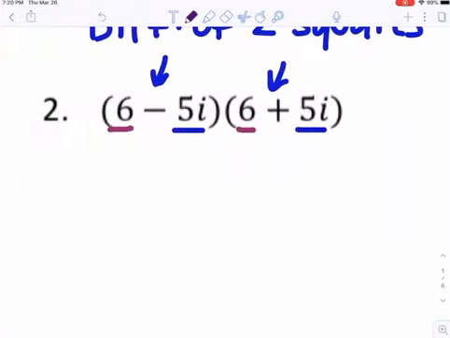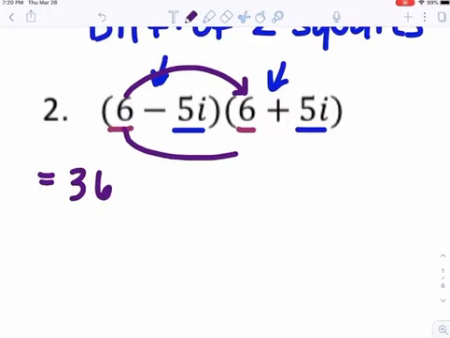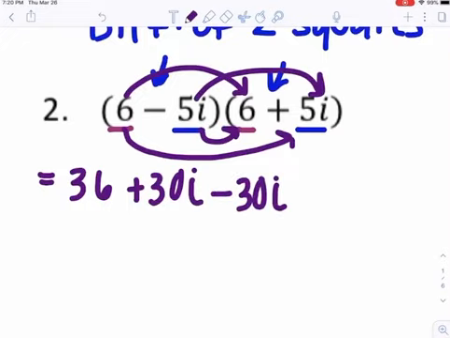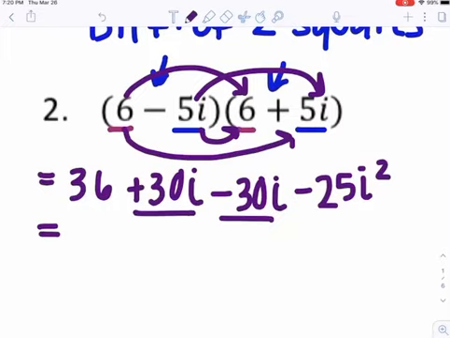So I'm going to do 6 times 6. That's 36, right? So I'm still foiling. 6 times 5i. That's 30i. I'm going to do negative 5i times 6. That's negative 30i. And then negative 5i times 5i, that is negative 25i squared. Okay, well here's some like terms.